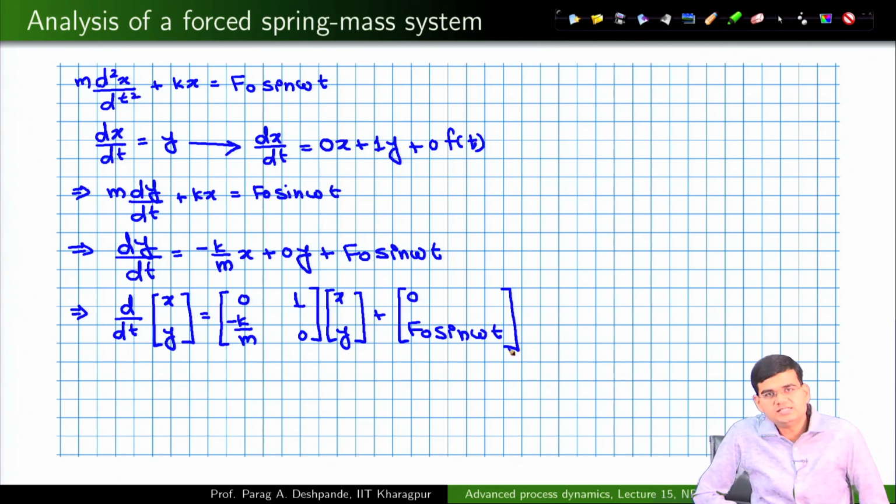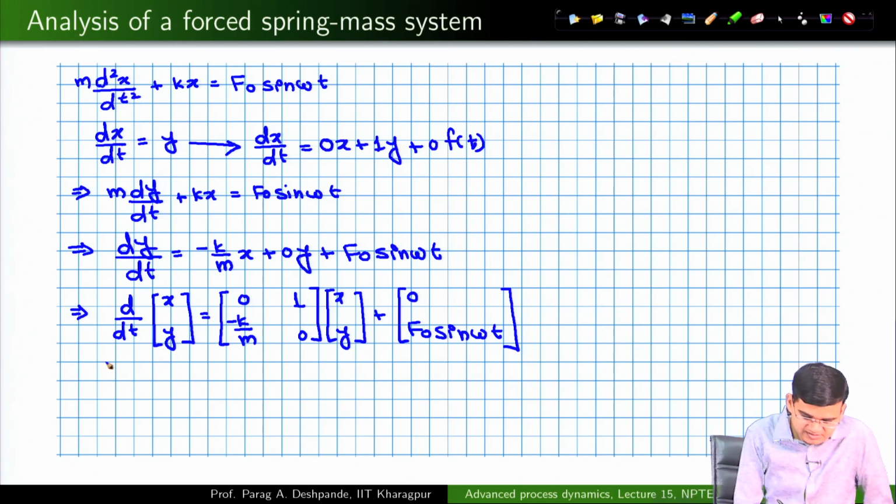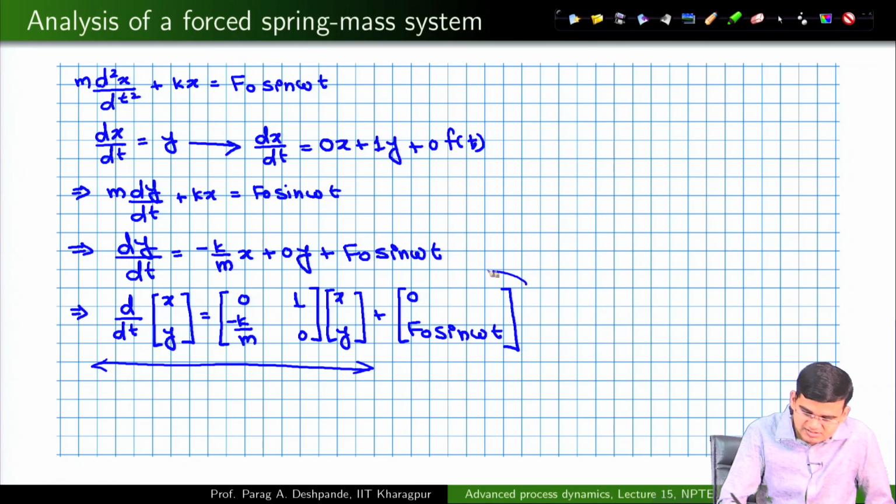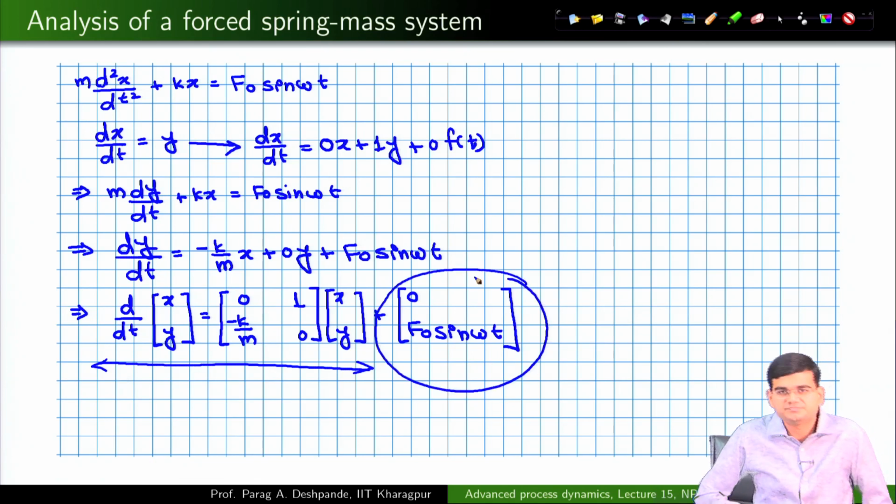Now, if you see this equation, what you will find is that the first two terms are identical to what we just now solved. The new term which comes is this one, which involves a function of time.